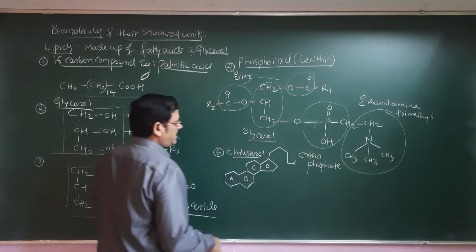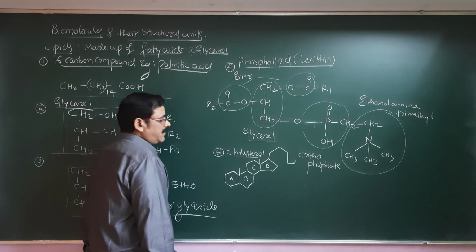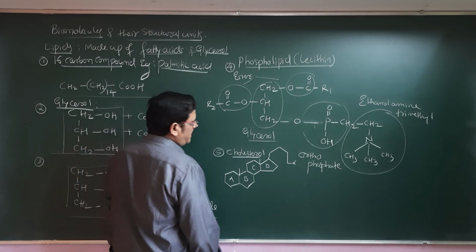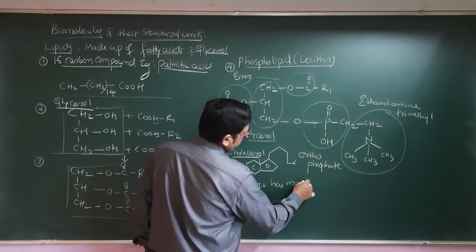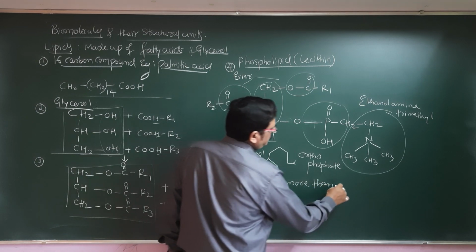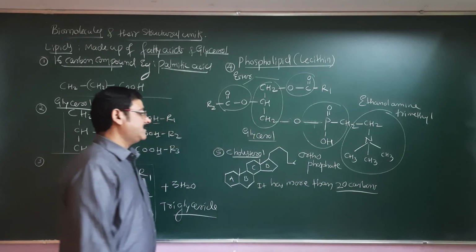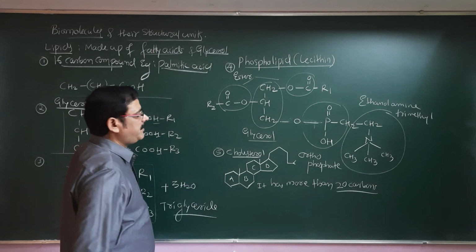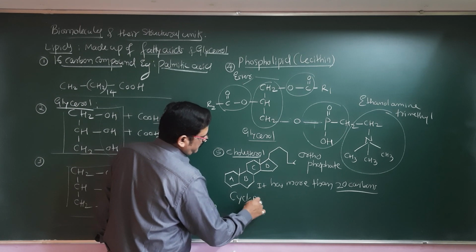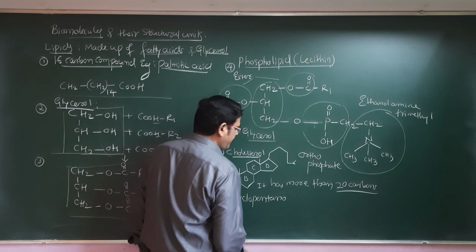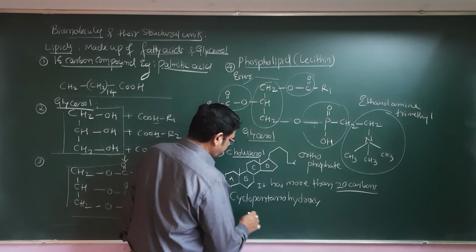So this is mainly the carbon. Cholesterol is a compound with more than 20 carbons. This peculiar ring structure is called cyclopentano hydroxy phenanthrene ring.